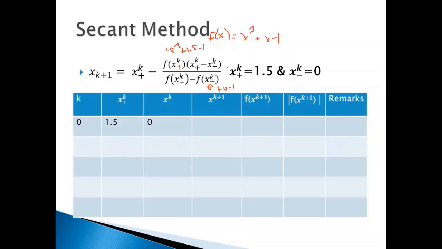So 1.5 minus 0 over the difference between the function of x plus, that is 1.5 cubed plus 1.5 minus 1 minus the function of x minus, that is 0 cubed plus 0 minus 1. Our answer rounded off to 6 decimal places is 0.307692.